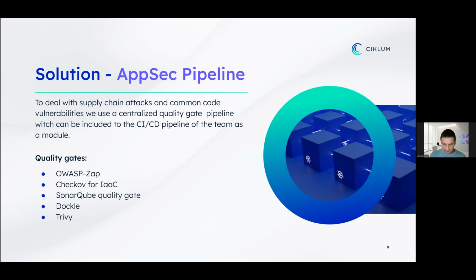And this pipeline is actually a quality gate with a hard stop. So basically, if any of these tools is not happy about security, the pipeline will fail, and you will have to resolve all the issues that you have on the pipeline.